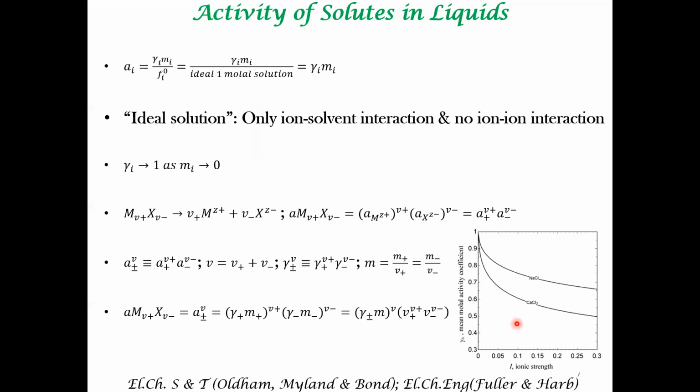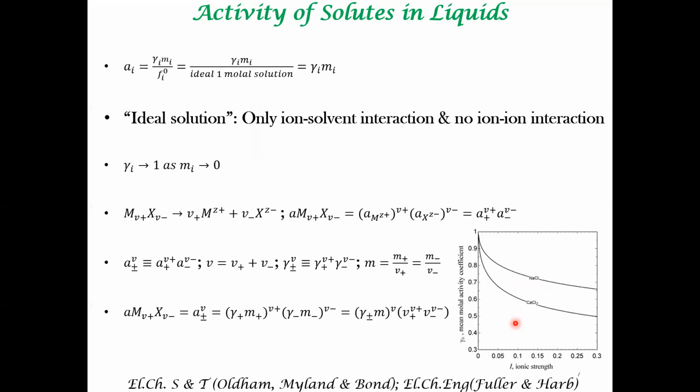For example, if I get this mean ionic quantity for NaCl and another salt, sodium iodide, let's say, with such experiments I would be able to get a measure of the molar activity coefficient for the anion and cation separately. There are some experiments that are possible.